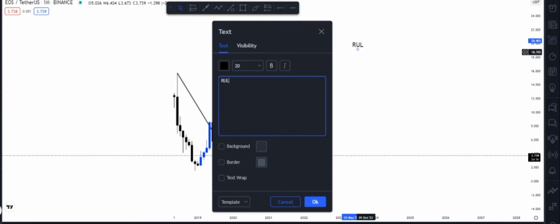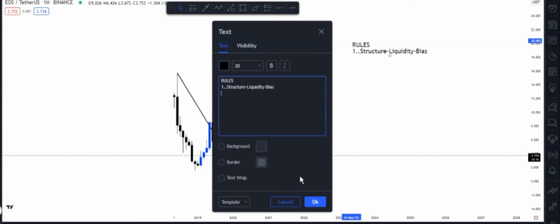Rule one is structure, liquidity, and bias.